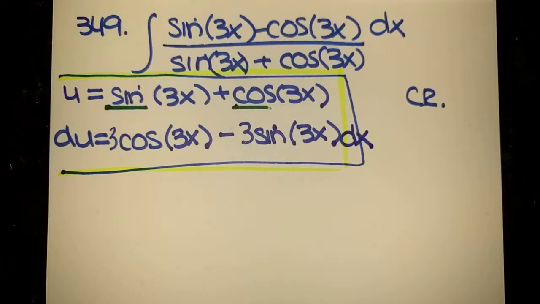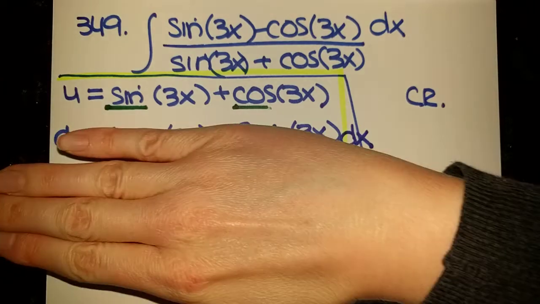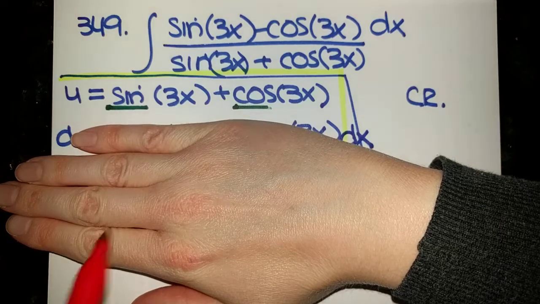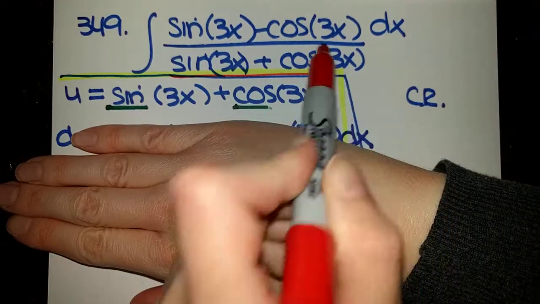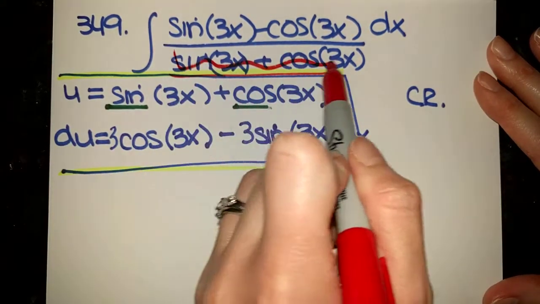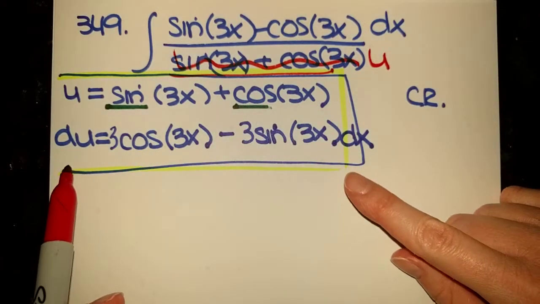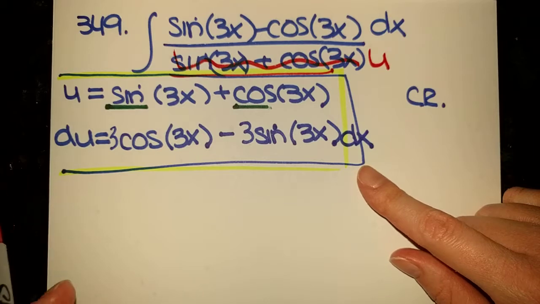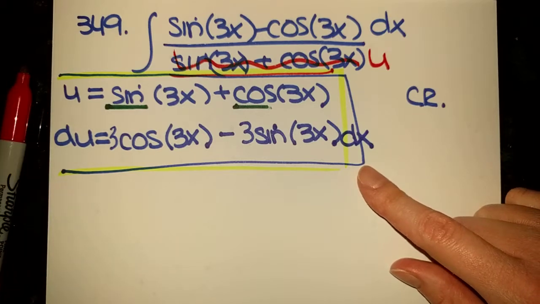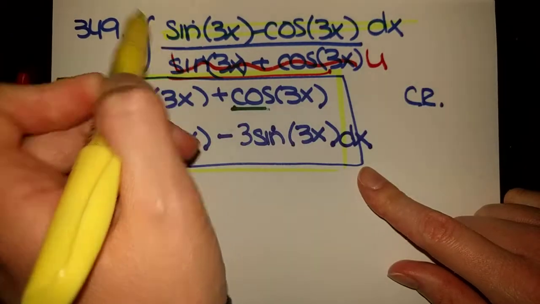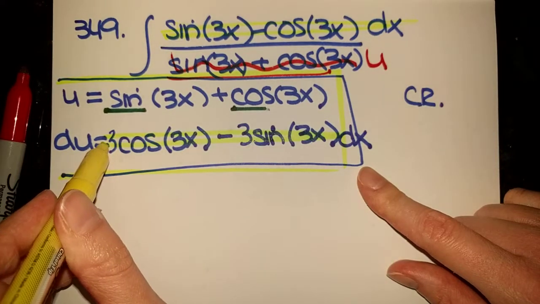All right, so we start off and we notice that just from the definition of u, this whole denominator can be replaced by u. So this whole denominator is getting replaced by u. Then from the definition of du, we got to somehow get all of this in the numerator to look like this.